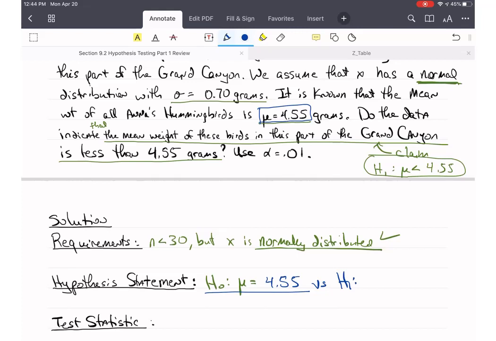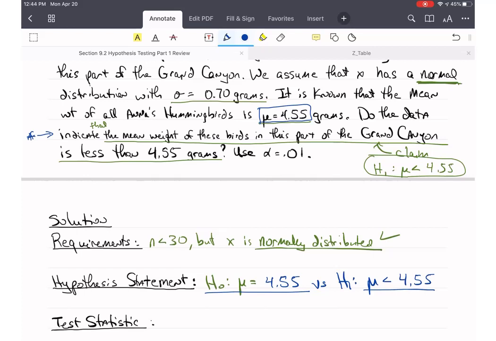Our claim, we wrote that down as mu is less than 4.55 grams, because that's exactly what it says in the claim that we identified. Does it tell us that the mean weight of these birds in this part of the Grand Canyon is less than 4.55 grams?